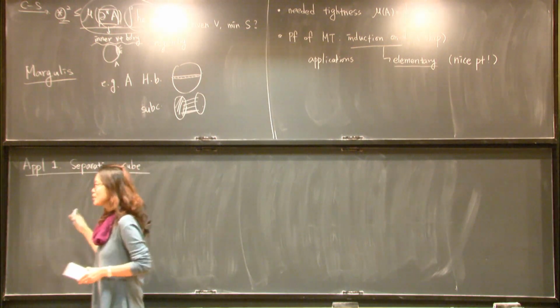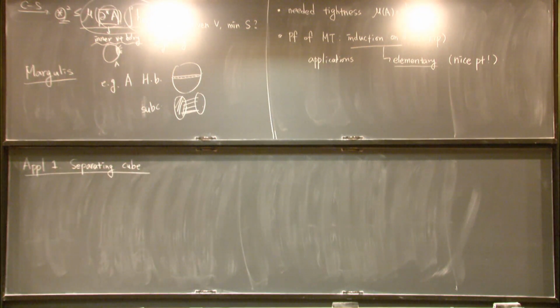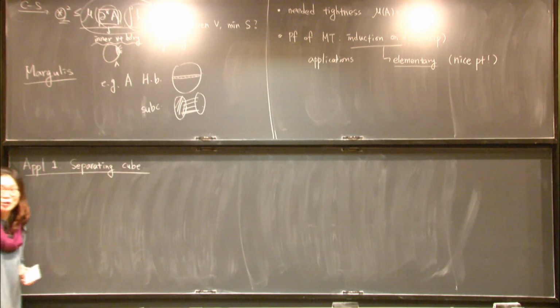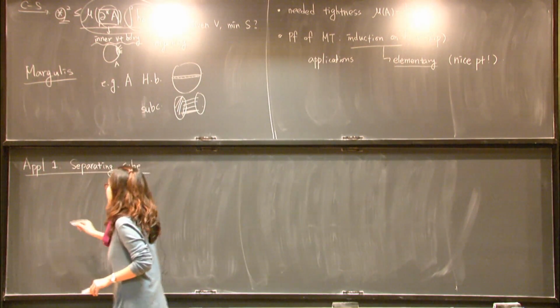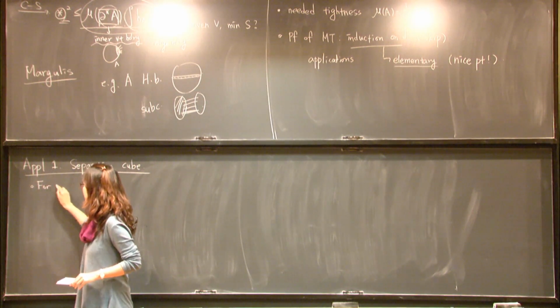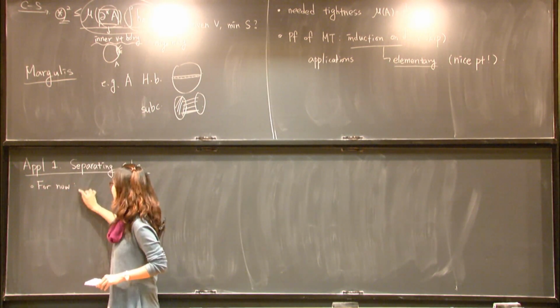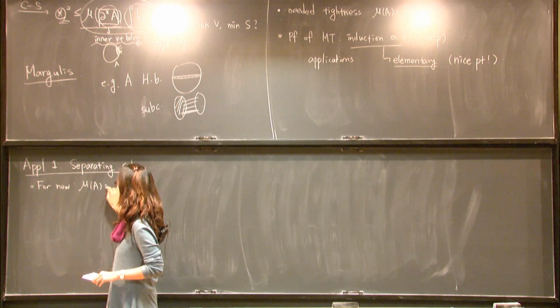It's more or less in the same spirit as the trade-offs between vertex boundary and edge boundary. And for now, we assume that mu of A is a half.